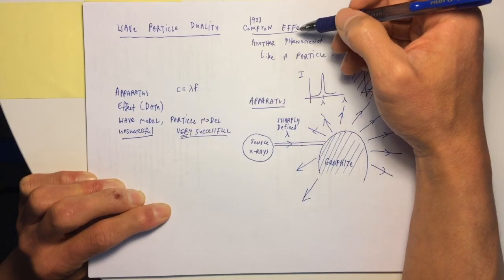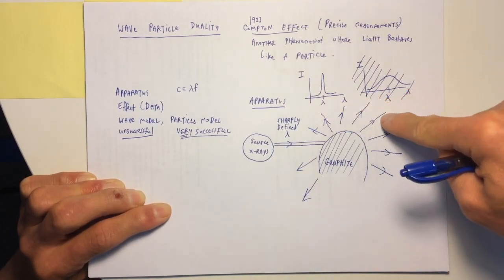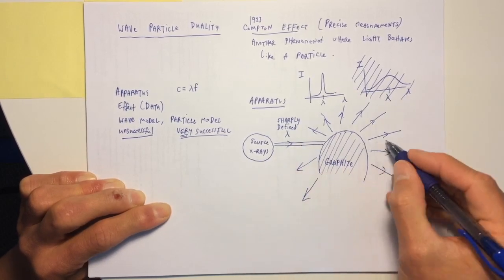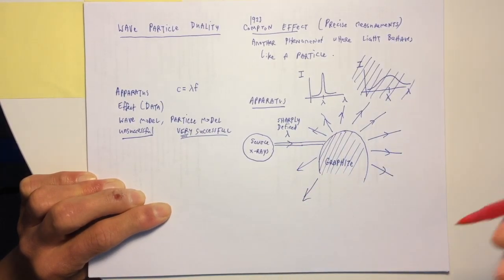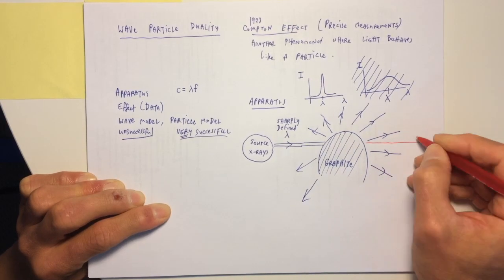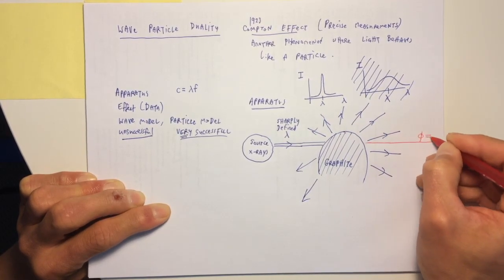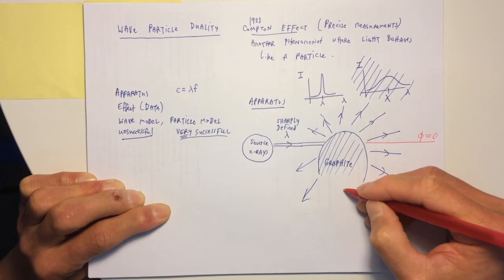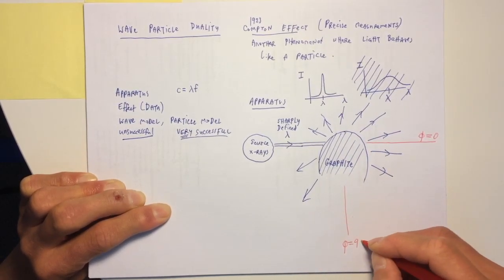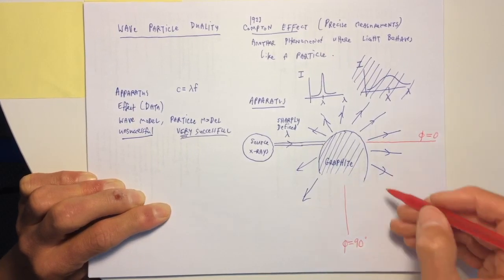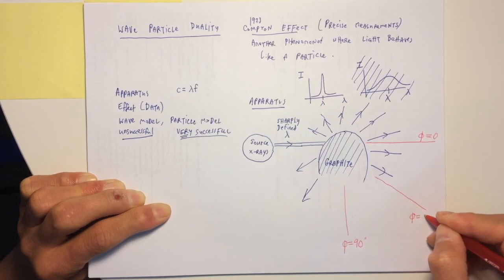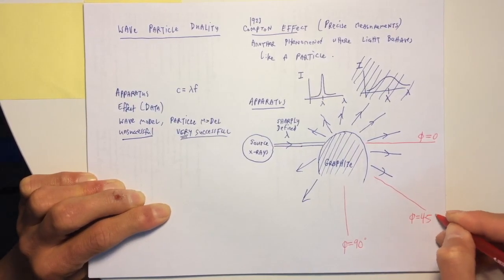And what Compton does is he just looks around all of the directions. The direction straight forward is defined as angle 0, and the direction, say, downwards is defined as angle 90 degrees, and midway along, of course, is the scattering angle 45 degrees.